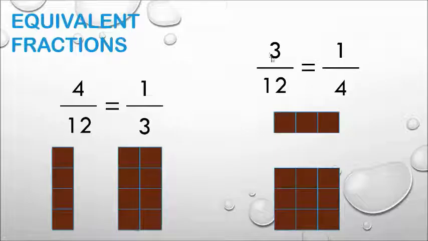And so we have the equivalent fraction 3 over 12 is equal to 1 over 4, where 1 over 4 is the simplified fraction, or the simplest form of 3 on 12, where 3 can go into 12 4 times. This is the basic idea of what equivalent fractions are.